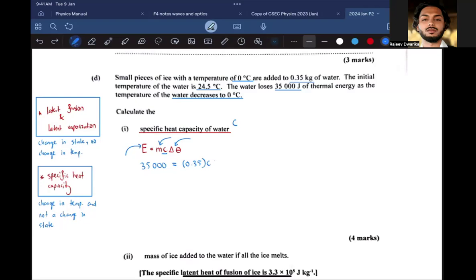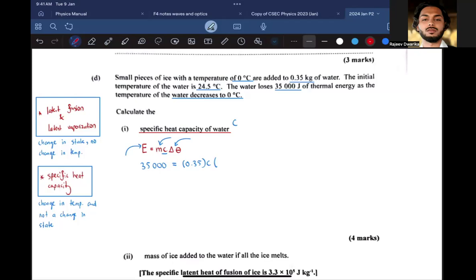What is the change in temperature? So 0 degrees Celsius to 24.5 degrees Celsius. So what is the change in temperature then? You went from 24.5 to 0. I'm not asking you for the sign, I'm asking you for the difference.